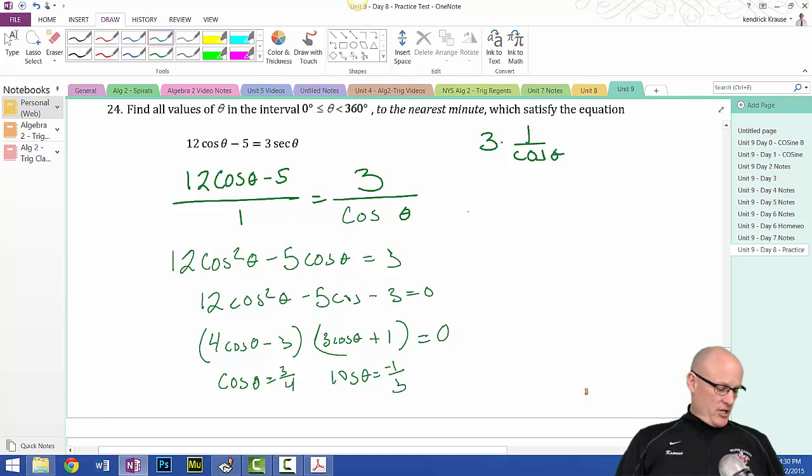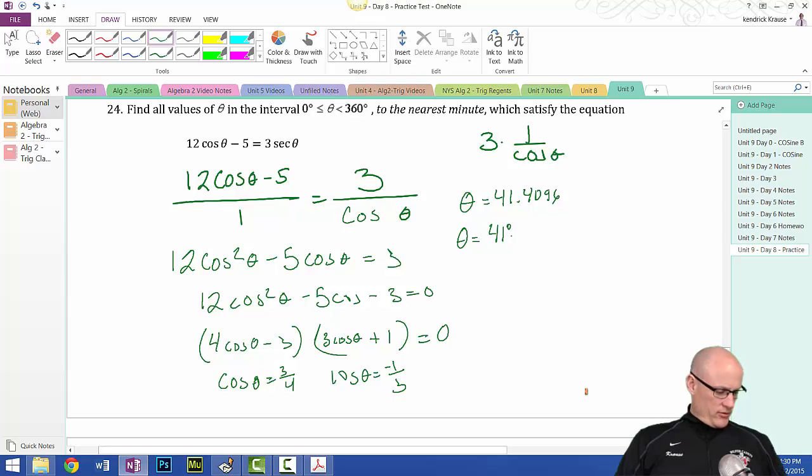The only hard part about this one is, for the one that's 3/4, I get theta equals 41.4096. So if you got that, great job. If you have a calculator that can do degrees, minutes, seconds, I set it to the nearest minute on this one, so it's 41 degrees.